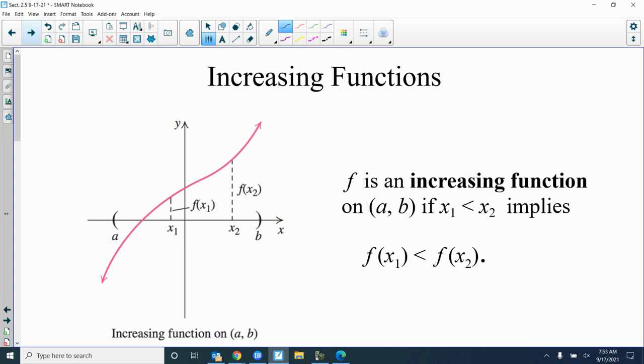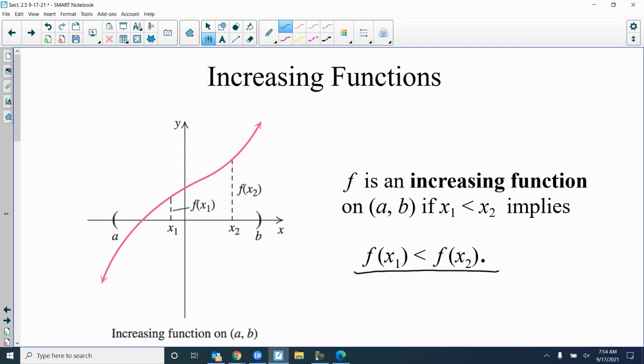But at the top there, it has to do with the mathematical definition. So you can draw an increasing function, but what does it mean to state it mathematically? Well, here is your rule mathematically. If x1 is less than x2, then f of x1 has to be less than f of x2.